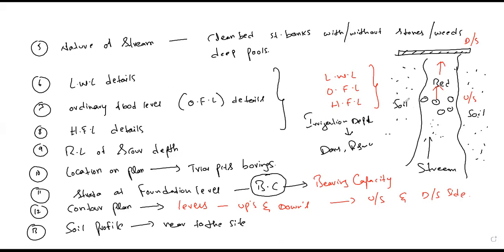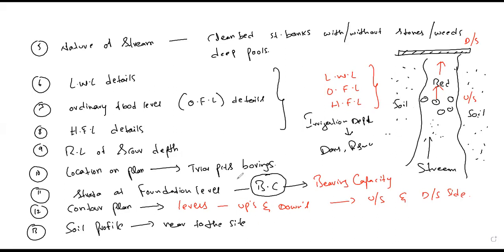Soil test results means usually we conduct all types of soil tests. We do the Atterberg limits test: what is the liquid limit, plastic limit, shrinkage limit and all, and what is the bearing capacity of that soil, what is the unconfined compression strength of soil, everything. So all that information you have to get before you start designing the bridge. That gives the soil profile near the bridge site.